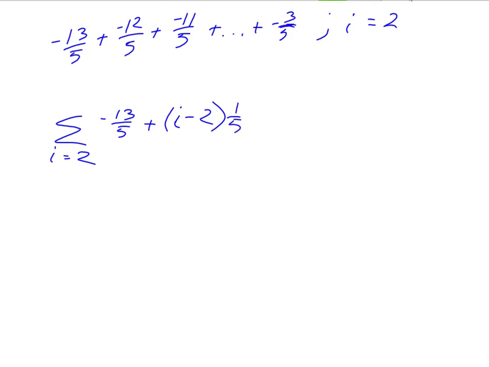If we can't tell what our common difference is by looking at it, what do we do to get it? We don't need an equation. Subtract. You just take the second one minus the first one. So these cancel. Negative 12/5 plus 13/5 gives me 1/5.